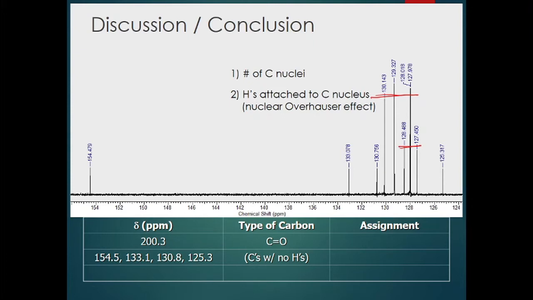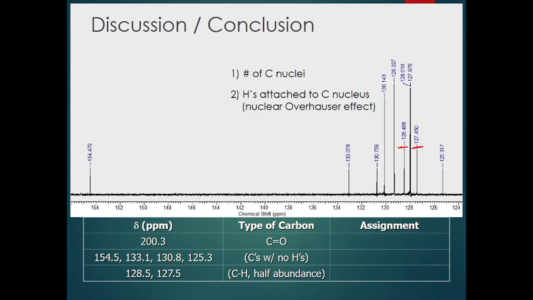Since both sets have hydrogens, that would indicate that the taller peaks, since they are twice the size, represent twice as many carbons. And so we could add another row to our table, listing those 2 intermediate peaks, this one and this one, as representing carbons that are protonated, but are half as abundant as the other 4.